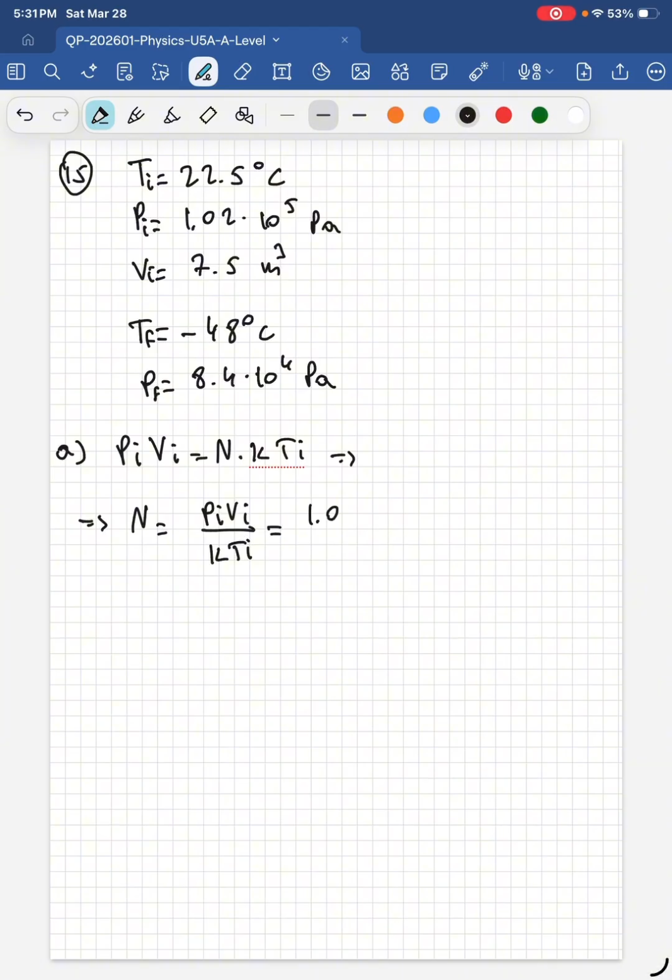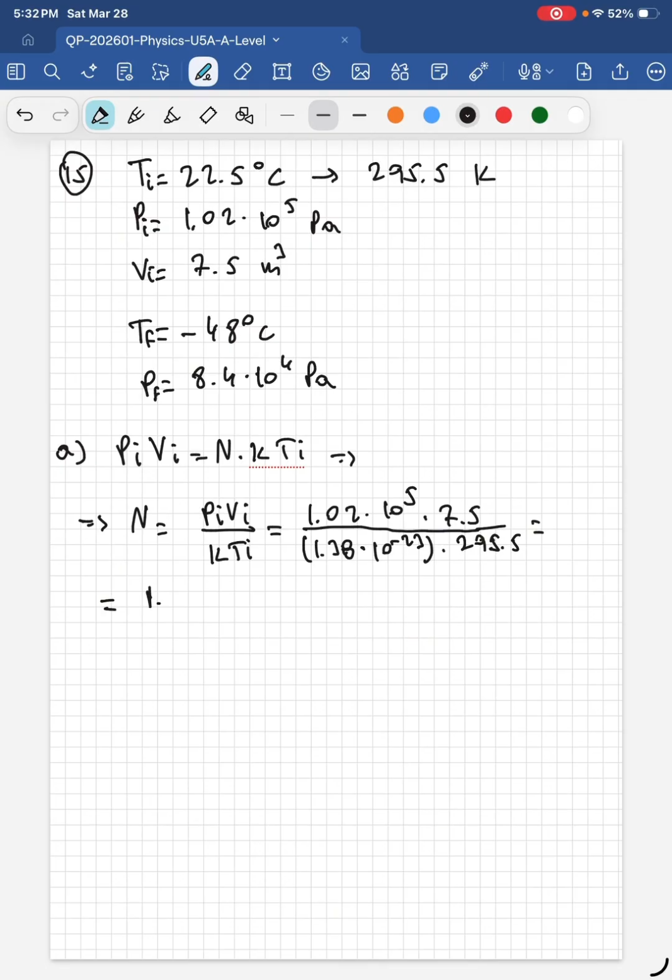That's 1.02 times 10 to the 5 times 7.5 over k, which is 1.38 times 10 to the minus 23, times the initial temperature, which is 295.5 Kelvin. We need to convert by adding 273. And then the number of particles is 1.88 times 10 to the 26th.